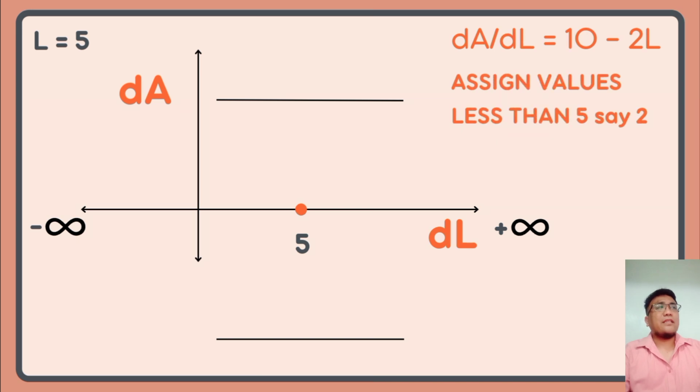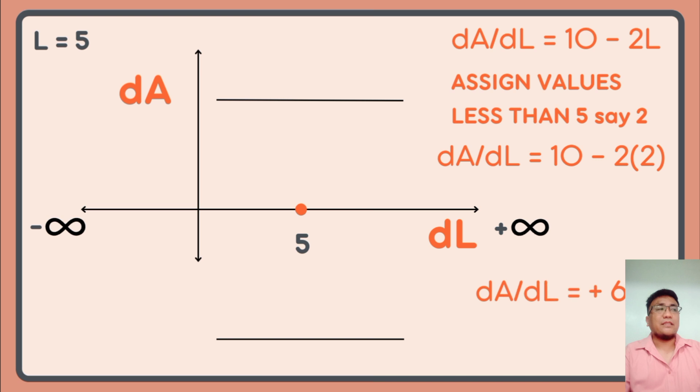So let's assign values first that are less than 5 so we can get the behavior of the slope on the left side of 5. So let's say 2. Substitute 2: dA over dL equals 10 minus 2 times 2. We will arrive at dA over dL is equal to positive 6.